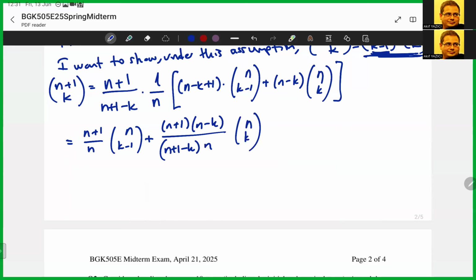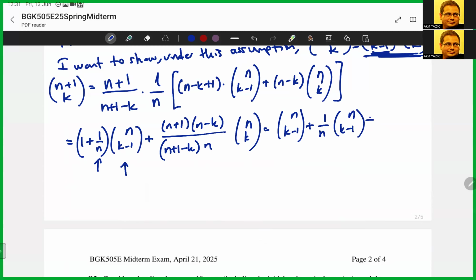Now here you see this could be written as n plus 1 over n. Instead of that, I can write this as 1 plus 1 over n. So I can set aside one of the terms I need. And then this part here will be 1 over n times this, plus this remainder thing.